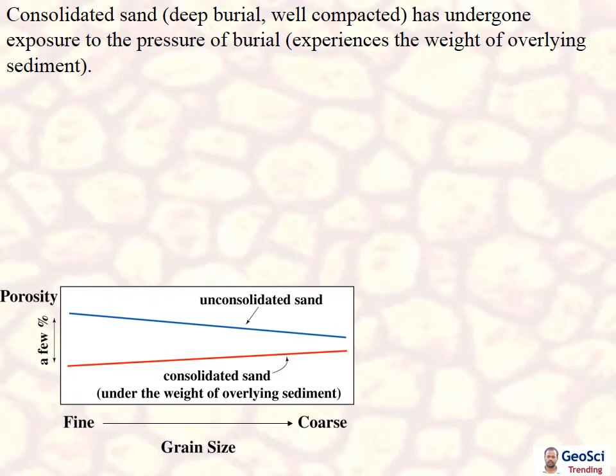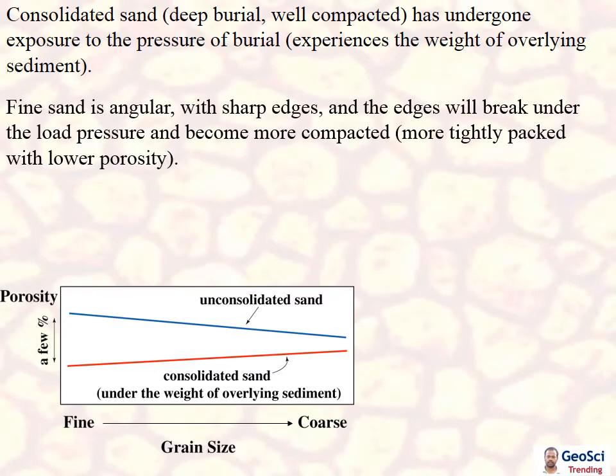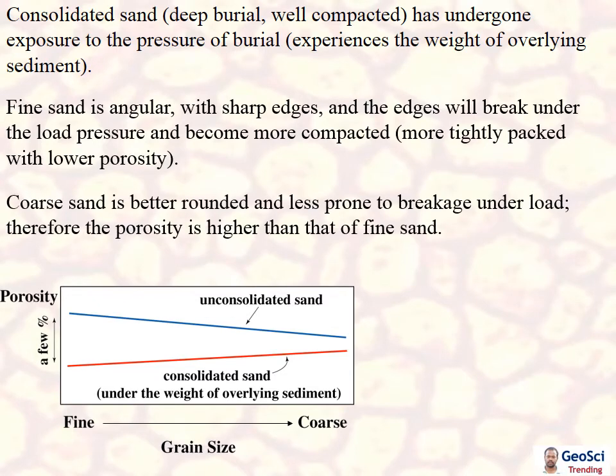Consolidated sand has undergone exposure to the pressure of burial. Fine sand is angular with sharp edges, and the edges will break under the load pressure and become more compacted. Coarse sand is better rounded and less prone to breaking under load. Therefore, the porosity is higher than that of fine sand.